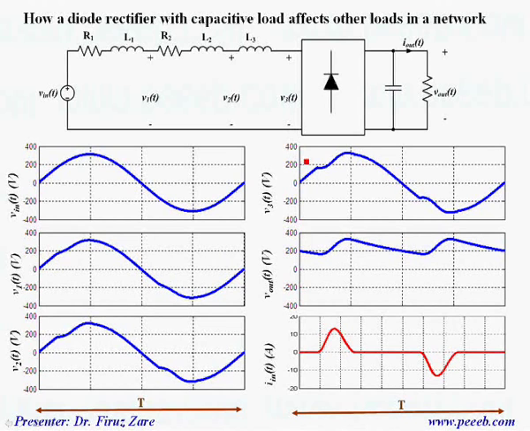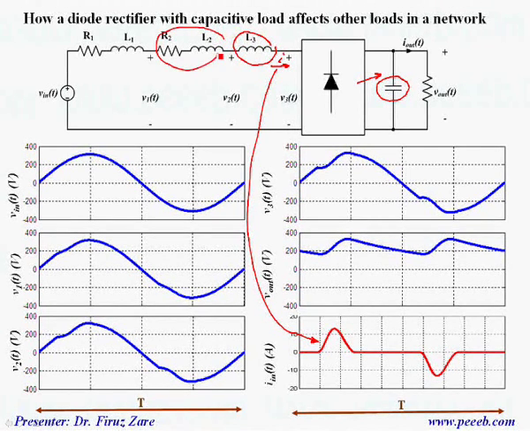This is another example. Suppose we have a high power rectifier with a large capacitor, and because the input current is not a sine wave, it has significant harmonics. So we have different voltage drops across these line impedances.